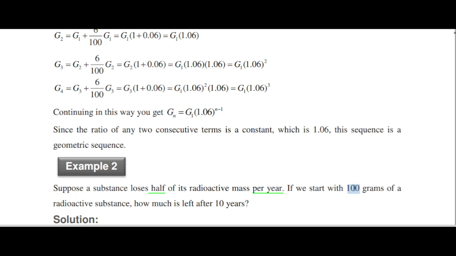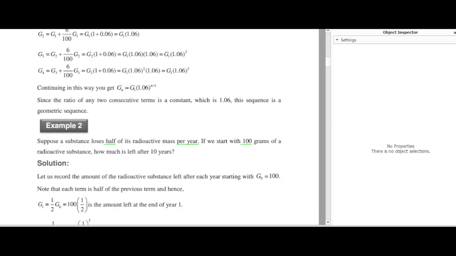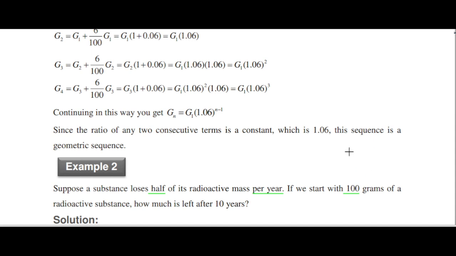So we have given G naught is equal to 100.